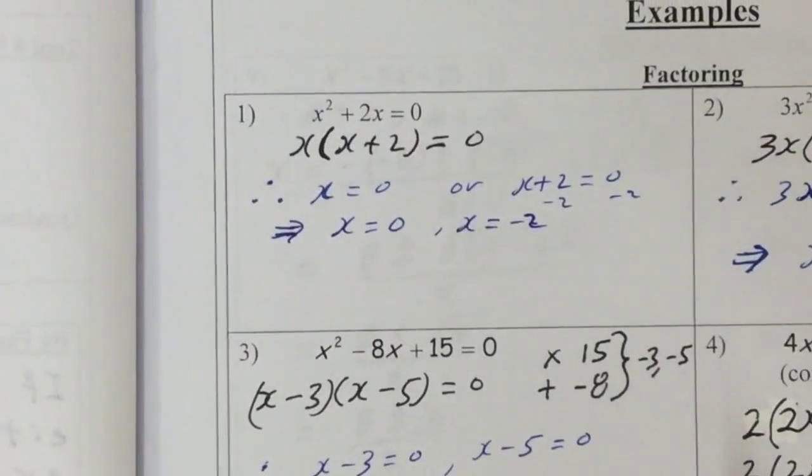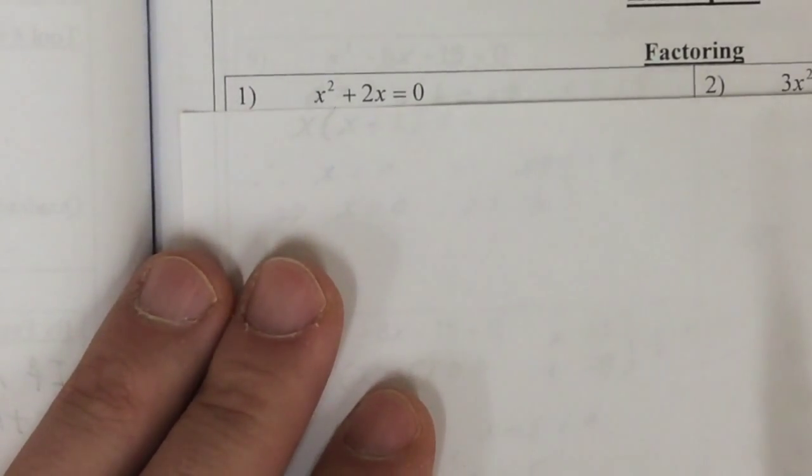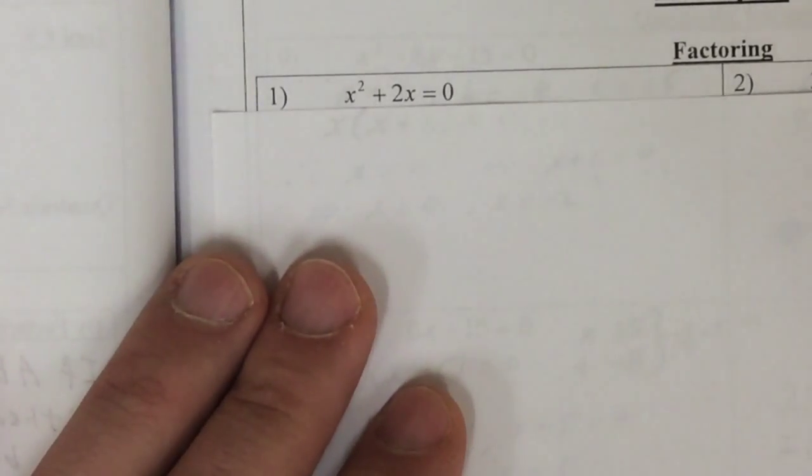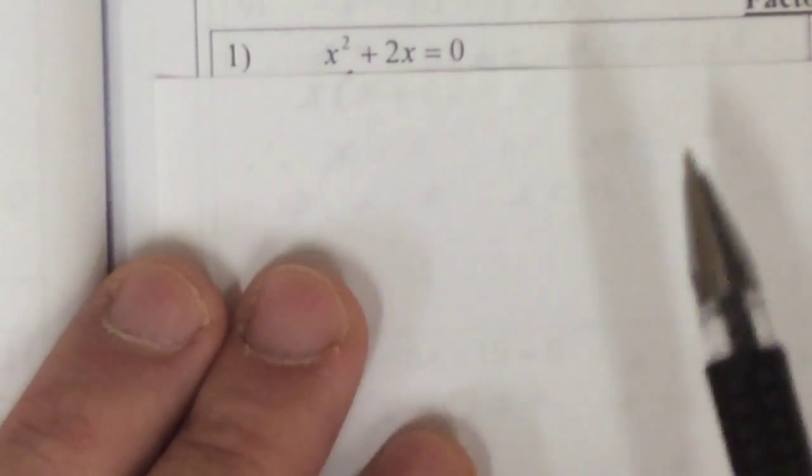Okay, so here are some examples. Let's look at number 1. x squared plus 2x equals 0. Well, you can factor out a common factor for this one.